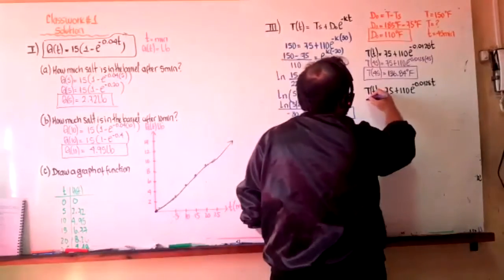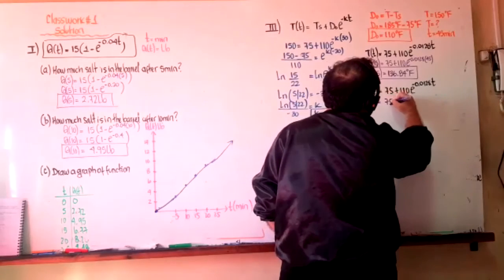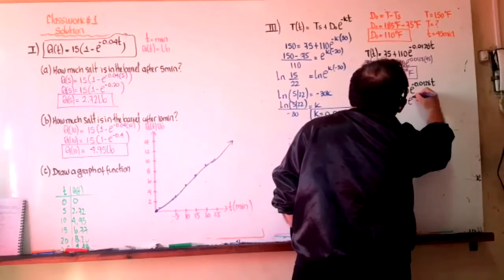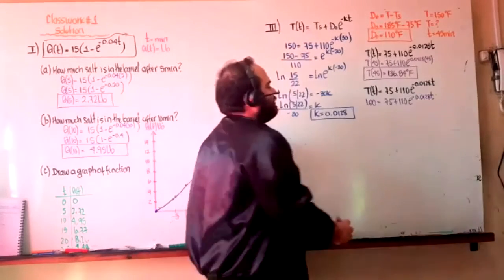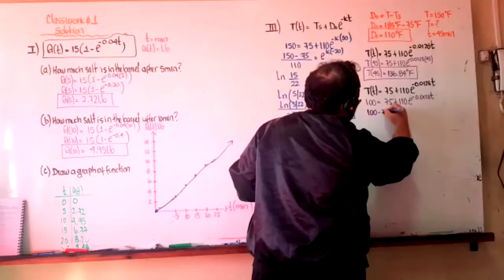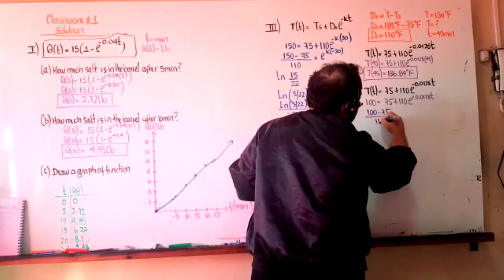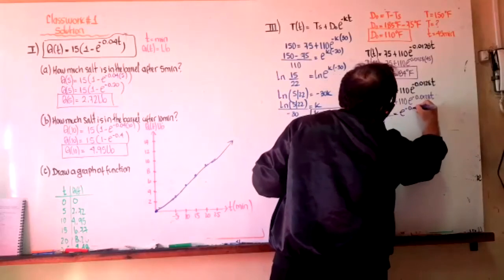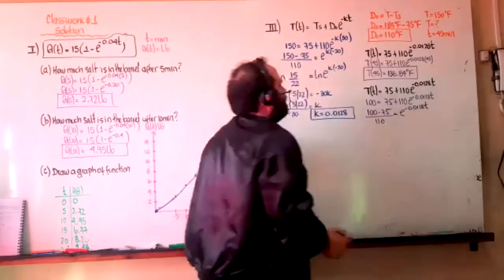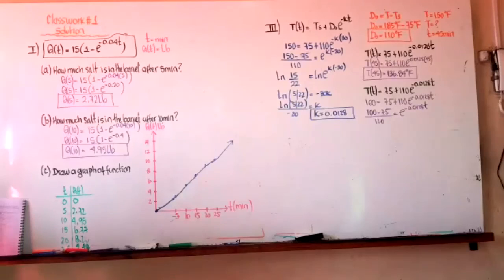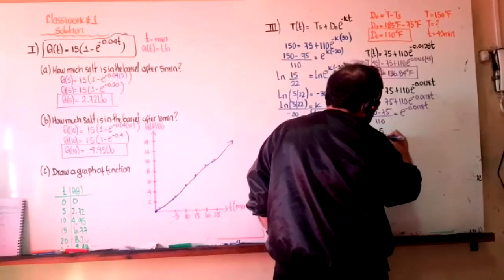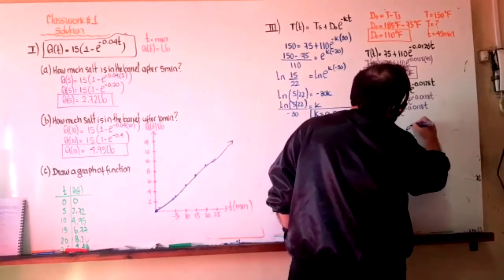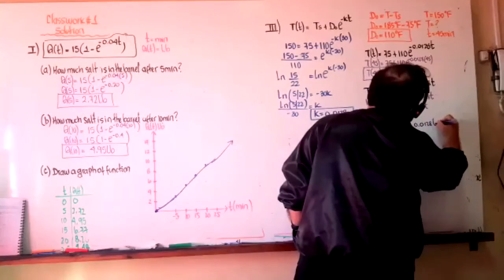So substituting, 100 equals 75 plus 110 e to the negative 0.0128 t. Adding passes to subtracting, and this multiplying passes to dividing. 100 minus 75 divided by 110, we got 5 over 22. So that will be 5 over 22 equals e to the negative 0.0128 t.